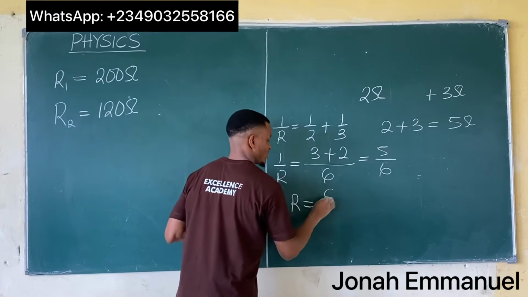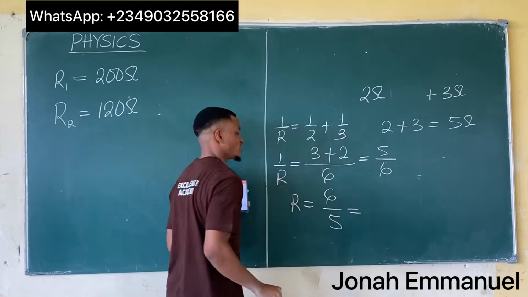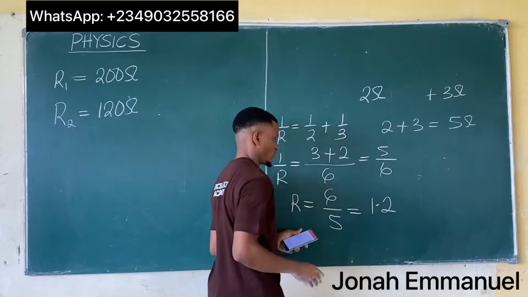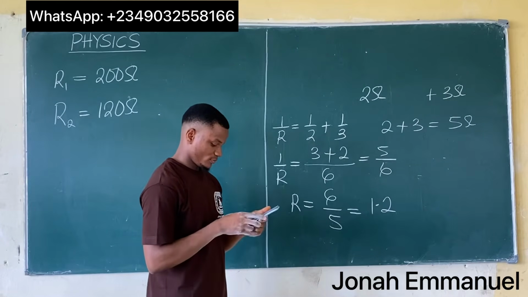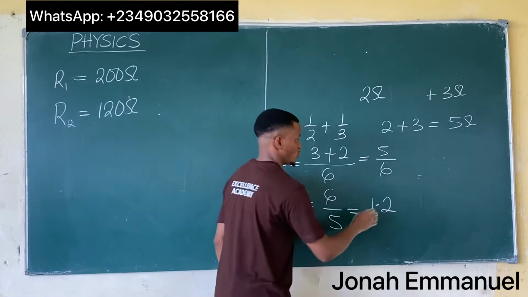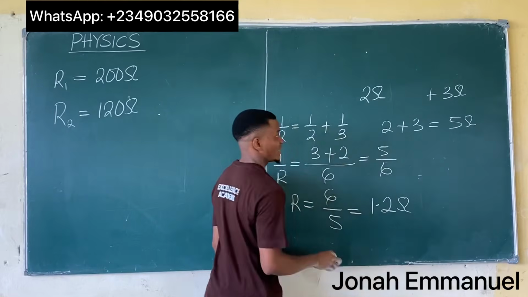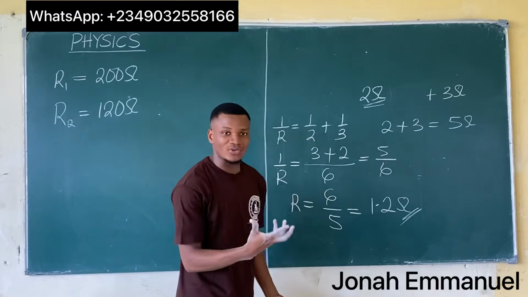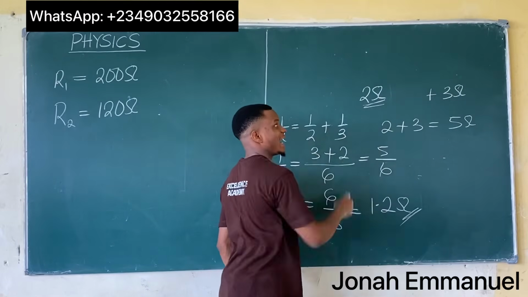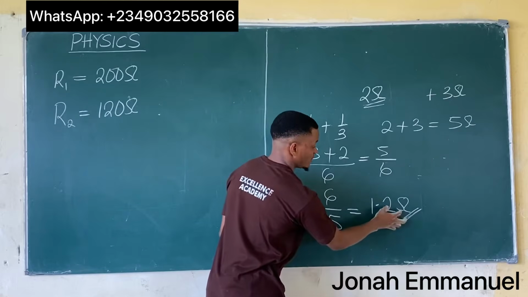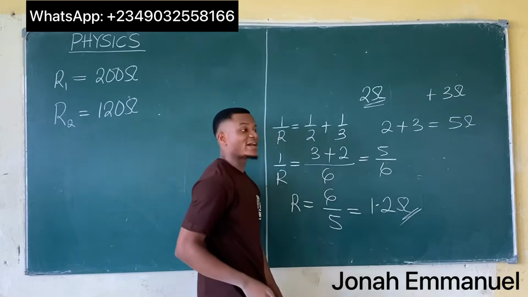That becomes 6 over 5. 6 over 5 in decimal is 1.2. That becomes 1.2 ohms. So observe that the initial value has been reduced. Hence, if I want to reduce the value of a resistance, I have to connect that resistor in parallel to another resistor.